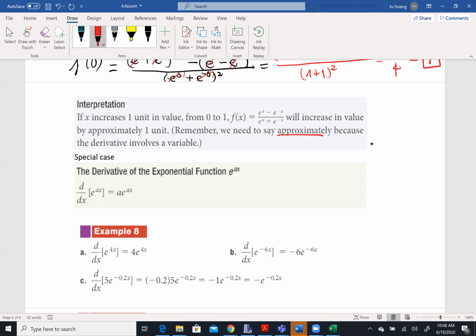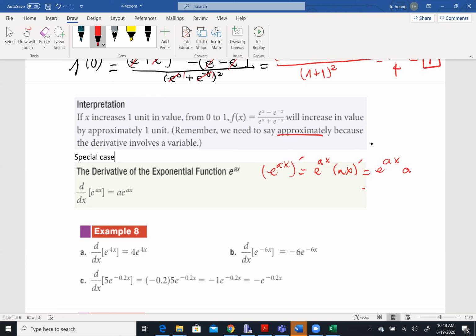So you have e to the ax, the derivative will be equal to itself, e to the ax, multiplied with the derivative of the power ax. And since a is a constant multiplied with x, when you take the derivative of that, it is going to be a.